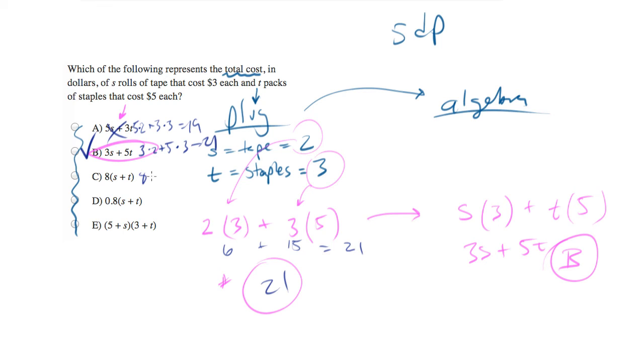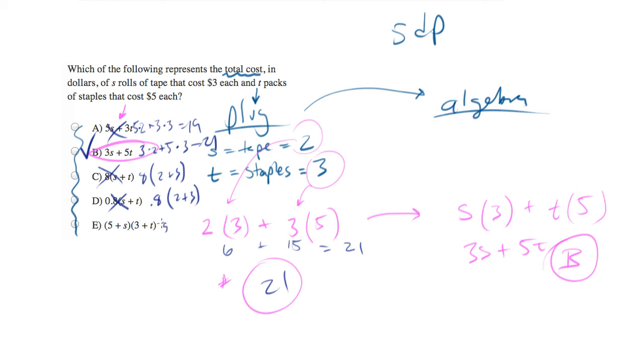And C will be 8 times 2 plus 3. 8 times 6 is, gosh, I don't know, not 21, that's for sure. And 0.8 times 2 plus 3, 0.8 times 6, that's not going to be 21.